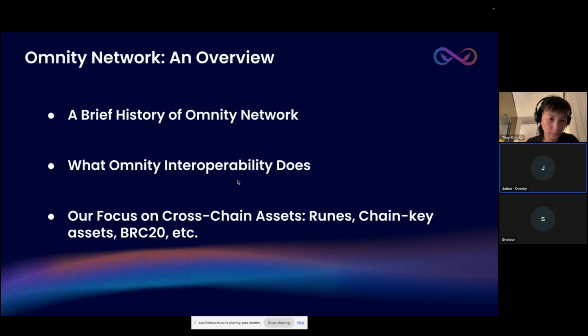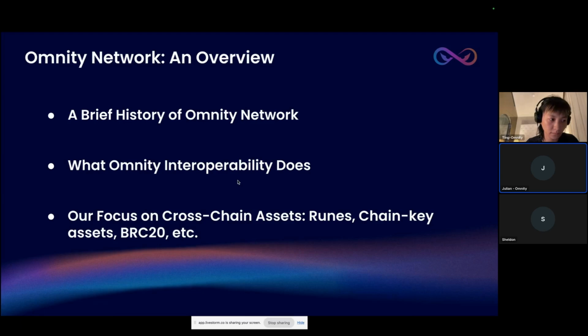On our website, there is a bridge page where users can transfer assets between supported chains. We have also provided programming interfaces, allowing developers to call Omnity's canister from their own canisters.